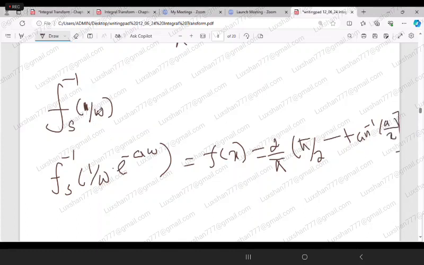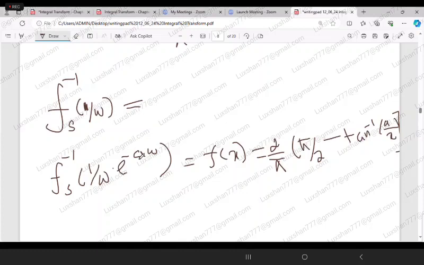Now they are asking 1 over a. So what is the possible corresponding value for a in order to get the 1 over a? So if you put a equals 0, then we can get the answer, isn't it?